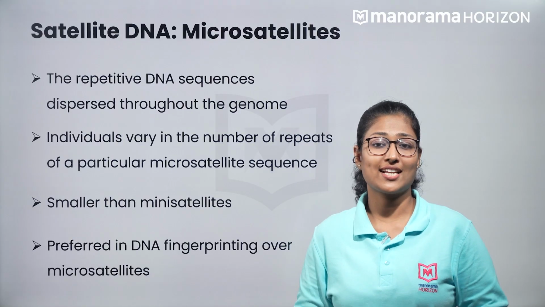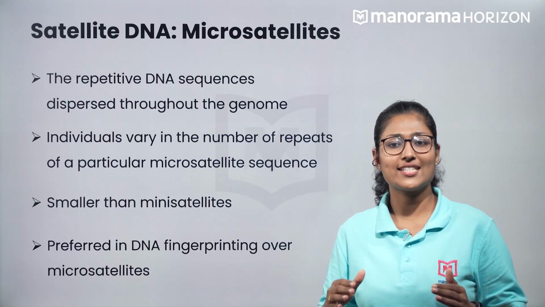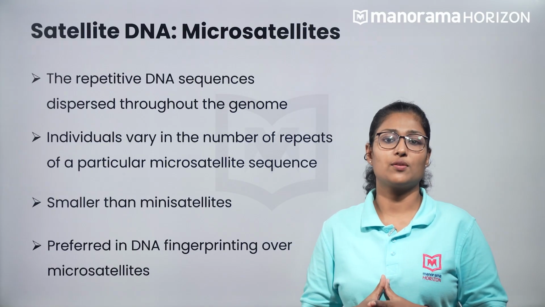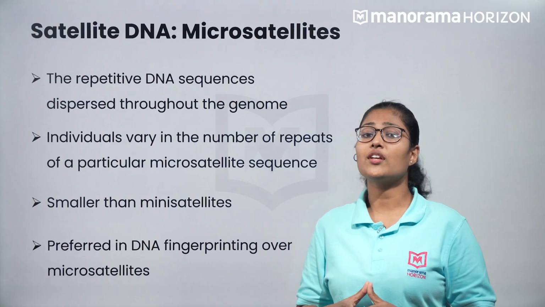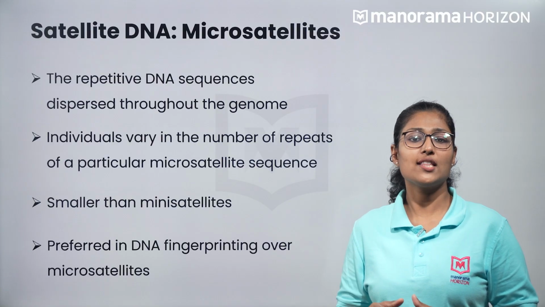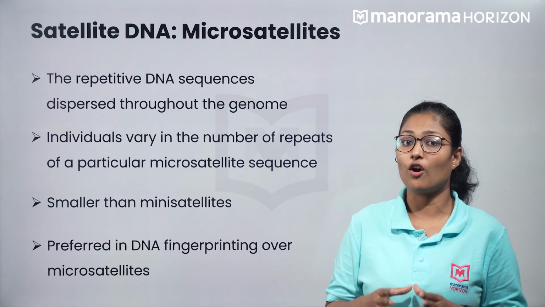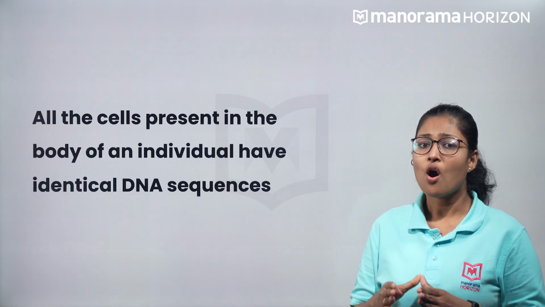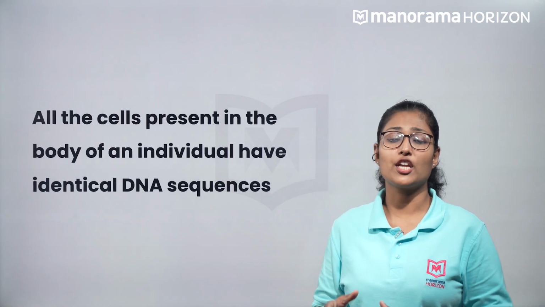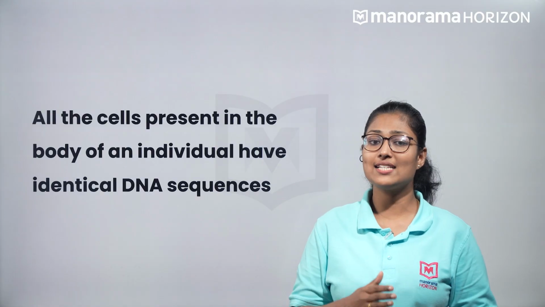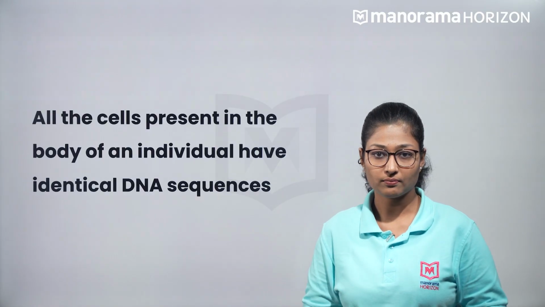Before discussing the technique of DNA fingerprinting, let's discuss some related concepts. Humans are sexually reproducing organisms, and the repeated division in zygotes form the multicellular body of an organism. So, all the cells present in the body of an individual have identical DNA sequences.